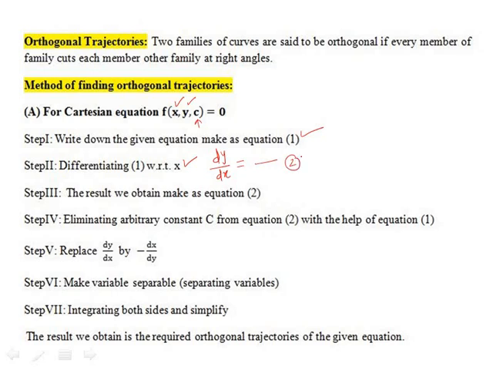Then if equation 2 includes any arbitrary constant like c or a, that constant should be eliminated by using equation 1.